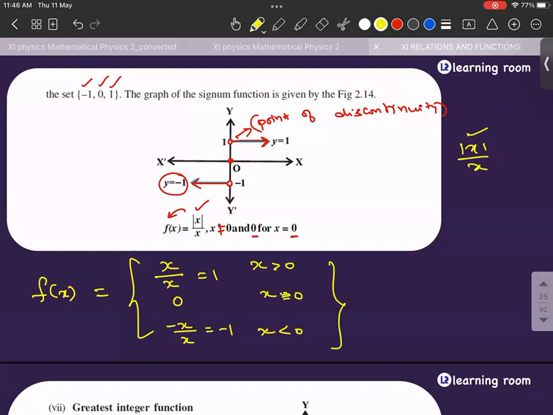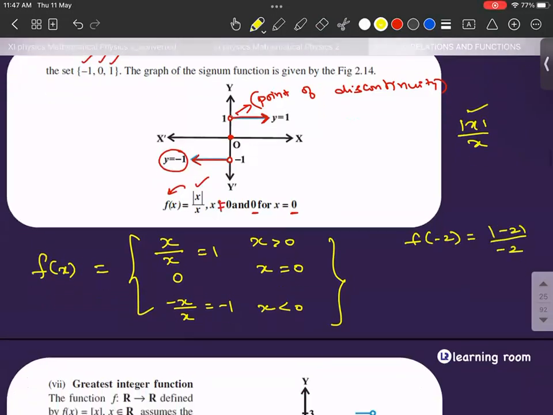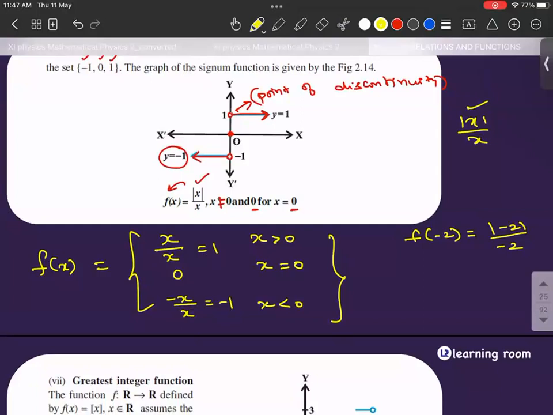Okay, sir. I got confused with the modulus function. That's a valid question. It happens. So mod x is substituted beforehand. You take the definition of mod x, you don't do it after you substitute the value. If at all you do it, for example, if you want f of minus 2, so modulus of minus 2 divided by minus 2. What is modulus of minus 2?